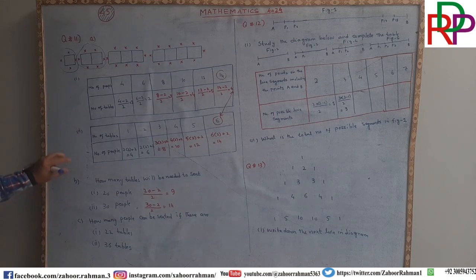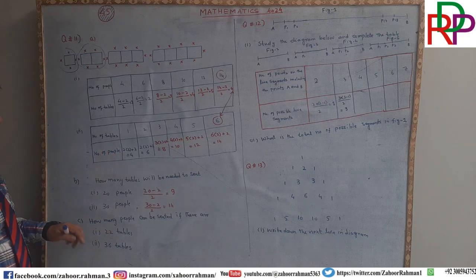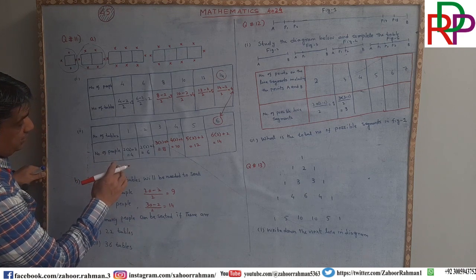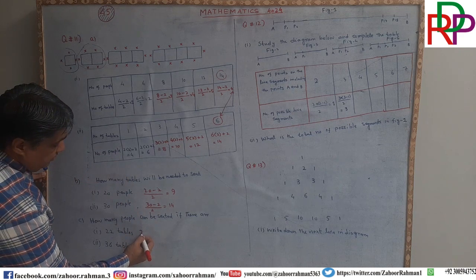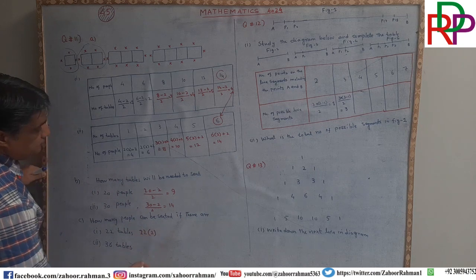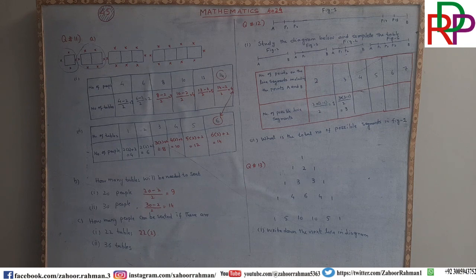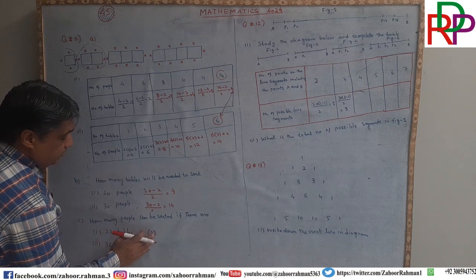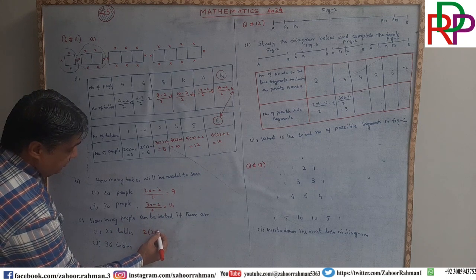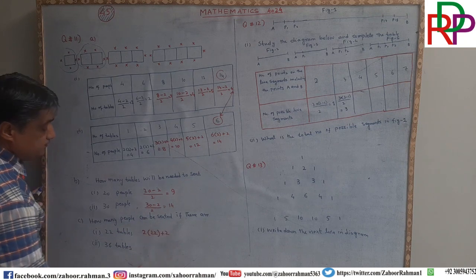Now this is on the basis of this table, how many people can be seated, the number of people we have to find. If there are 22 tables, so 22 into 2, you can write it 2 into 22, 2 into 22 plus 2.